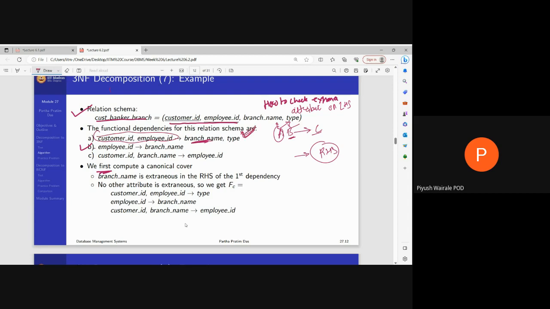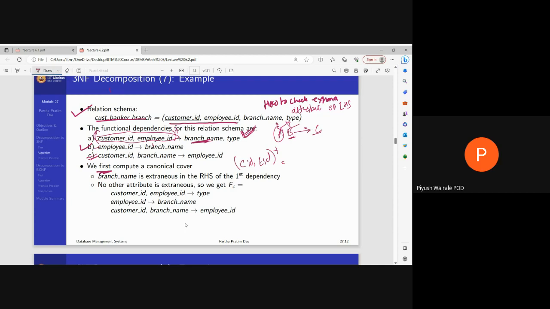So we are remaining with these two functional dependencies. So if I take the closure of customer ID and employee ID, what will I get? I will write down the CID EID closure. Don't consider the first functional dependency because for that only we are checking, right?